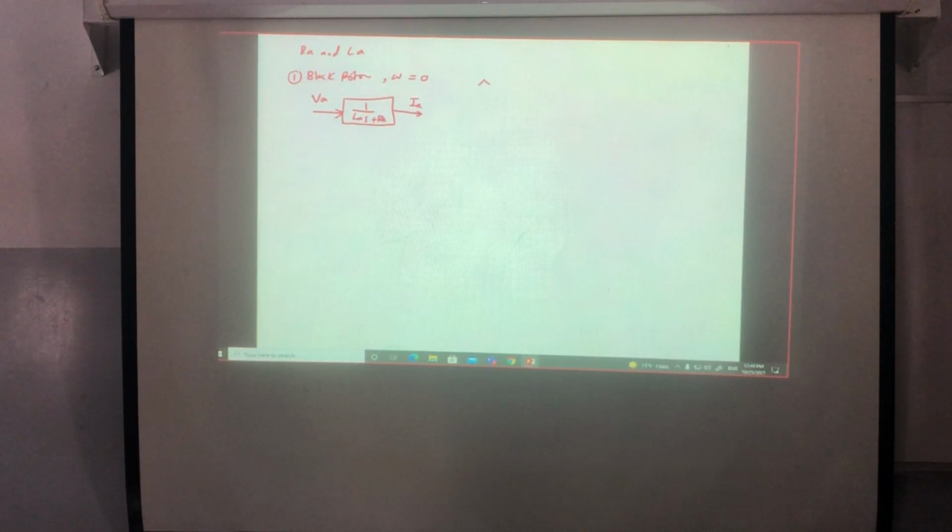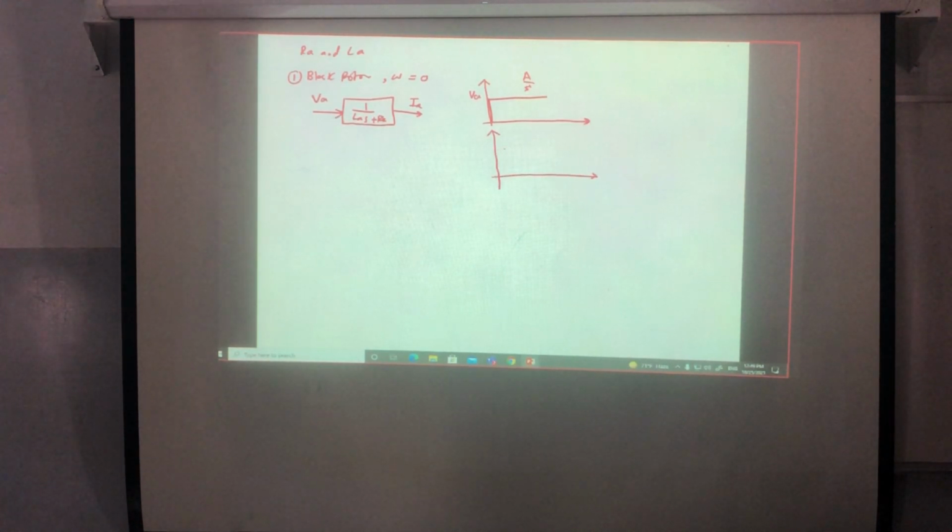Now, let's do a step voltage. So this is a VA step. In terms of Laplace, it will be A over S, correct? Then I will record the current waveform. It's a first order system, so it will never peak. It will be something like this.